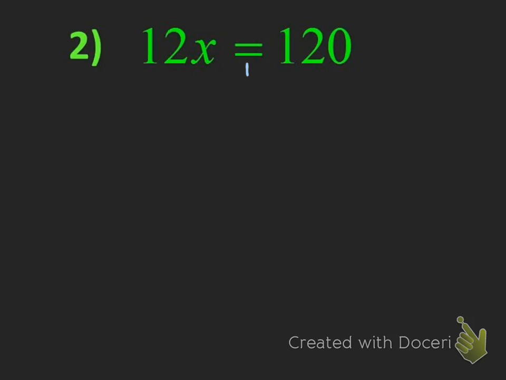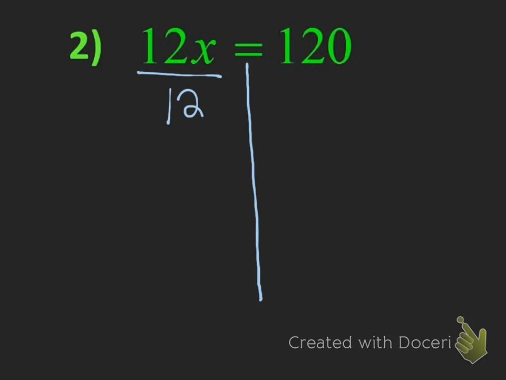All right, so here's my line of equality. What is bothering the x? The 12. And what operation is that? What's happening? This is multiplication. And how do I undo multiplication? Dividing.